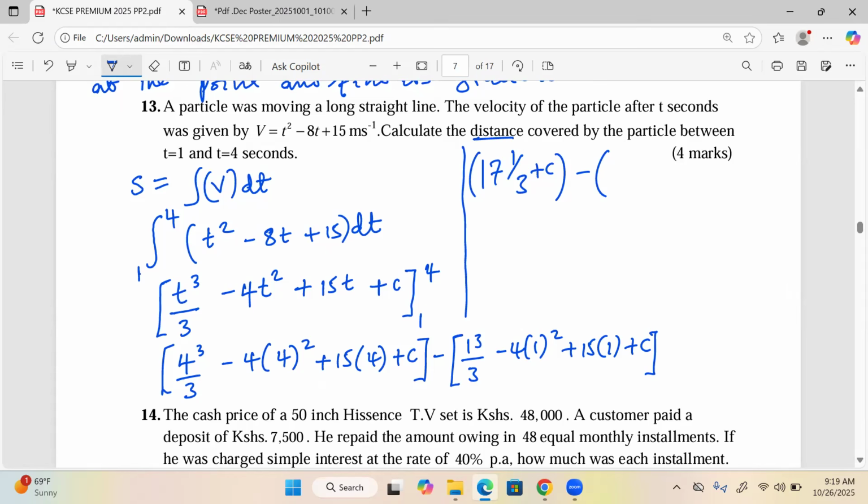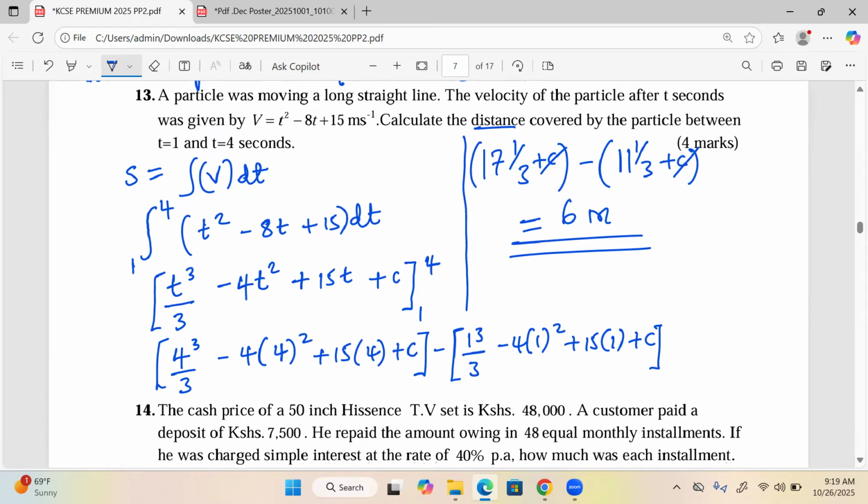We get 11 and a third plus c. So now c cancels out. Then we have 17 and a third minus 11 and a third, giving us 6 meters as the distance covered there. So the distance covered is 6 meters.